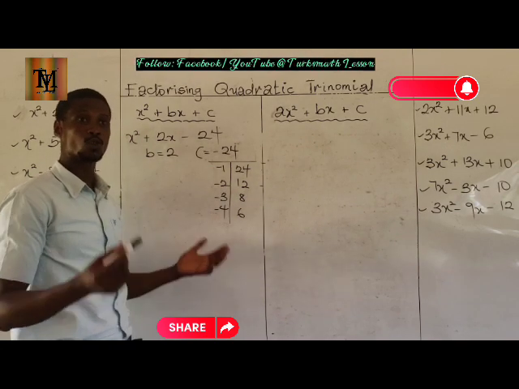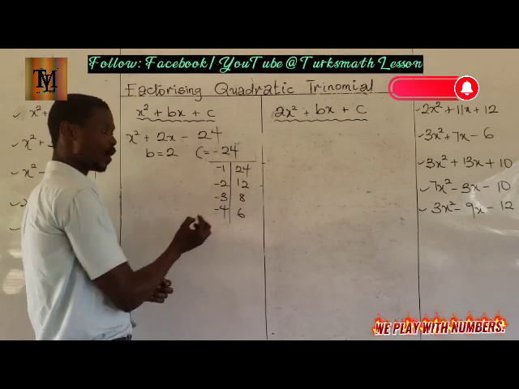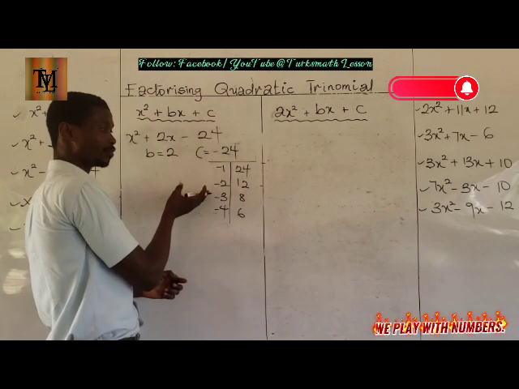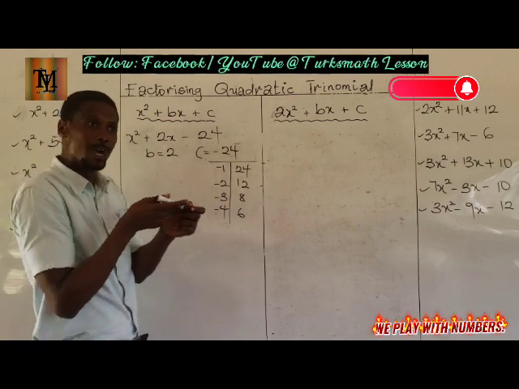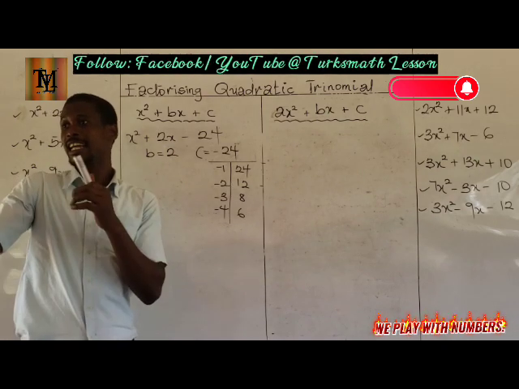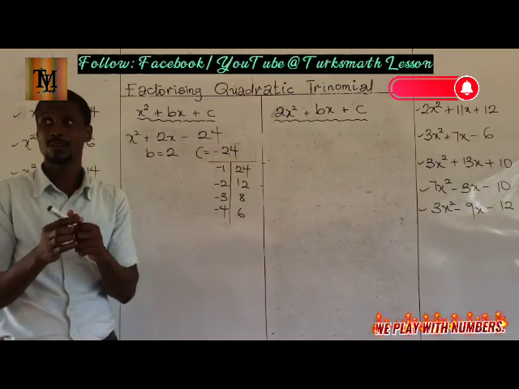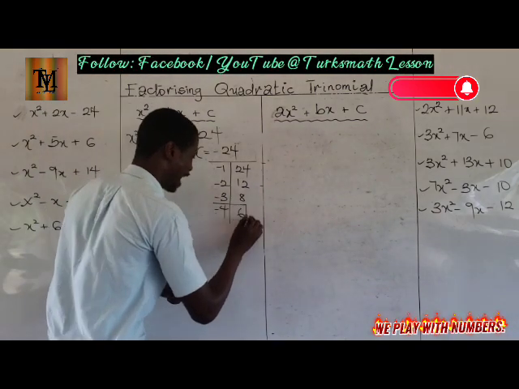Now we want to get 2. What two numbers here can you think of, which when you add them, you will have 2? Negative 4 plus 6. Clap for her.